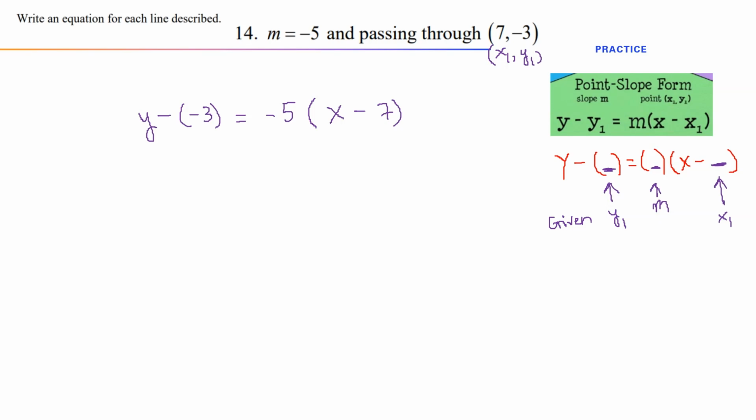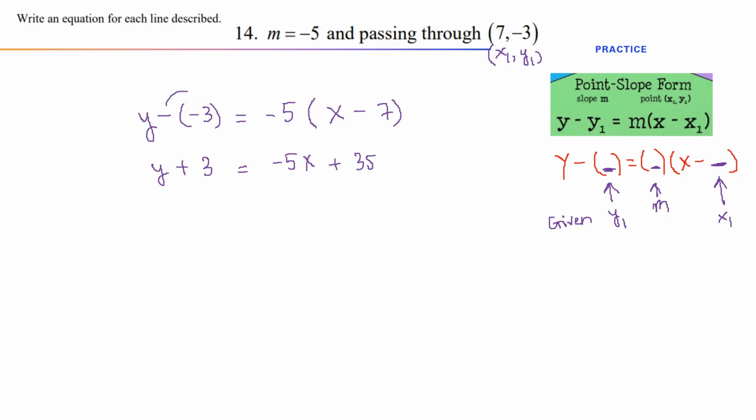Alright, now we have to simplify it, and we want to rewrite this equation in slope-intercept form. Okay, so we have y plus 3 equals negative 5x plus 35.